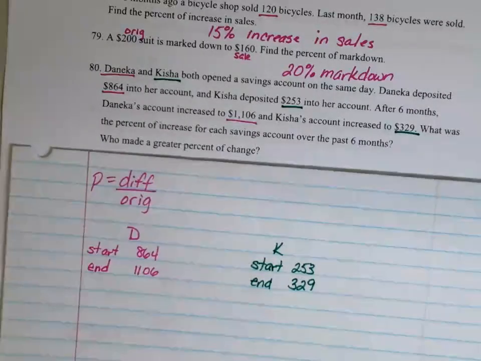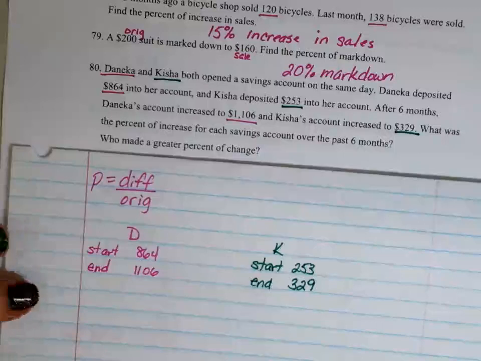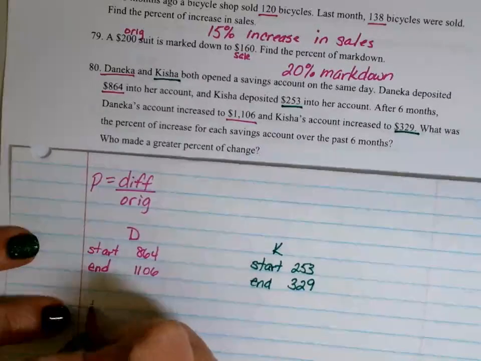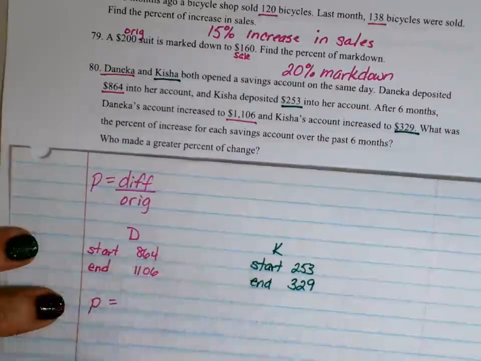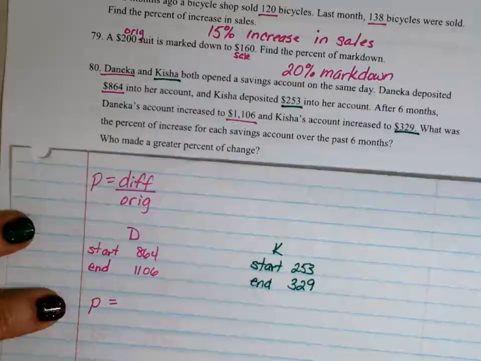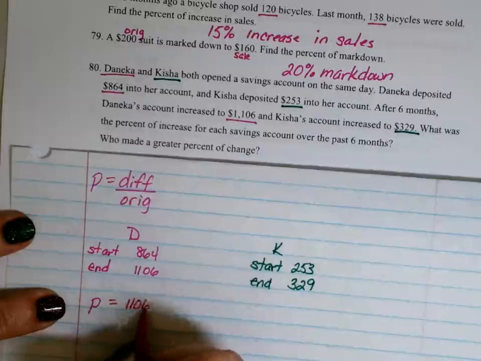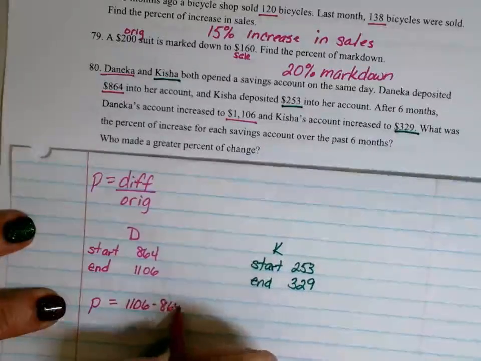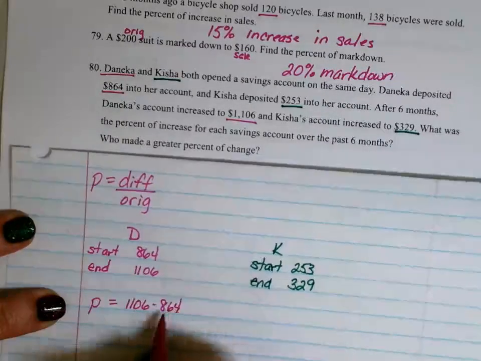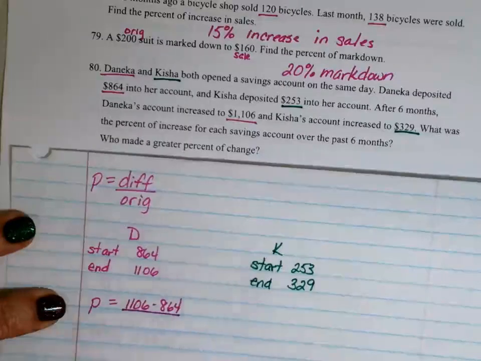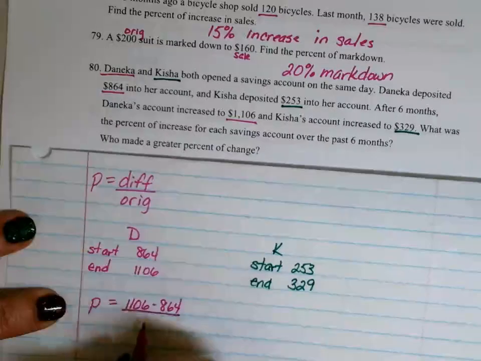Okay, so I have to use my formula. So my percent equals, how am I going to find my difference? I'm going to subtract 1106 minus 864. That's going to give me my difference over, what's my original? 864.